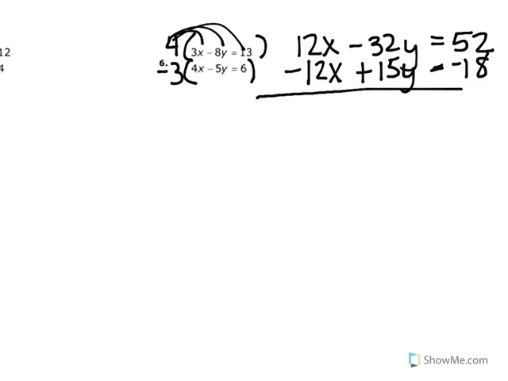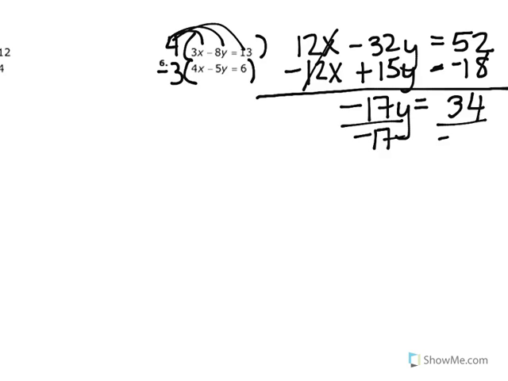Now, let's combine the two equations. These cancel out, and now we have negative 17y equals positive 34. Divide by negative 17, and we get y equals negative 2.